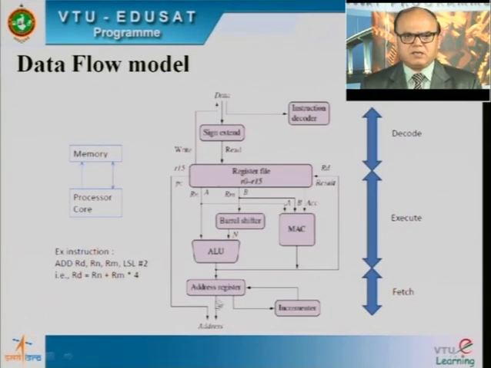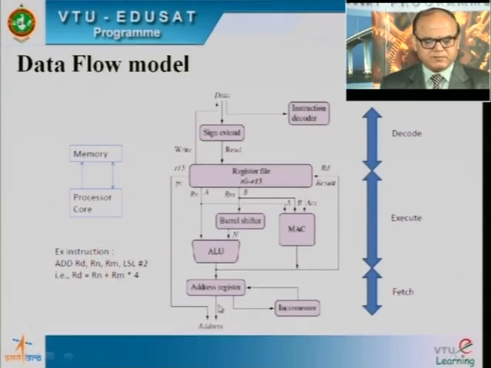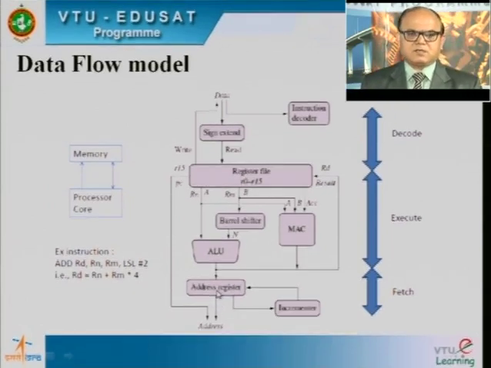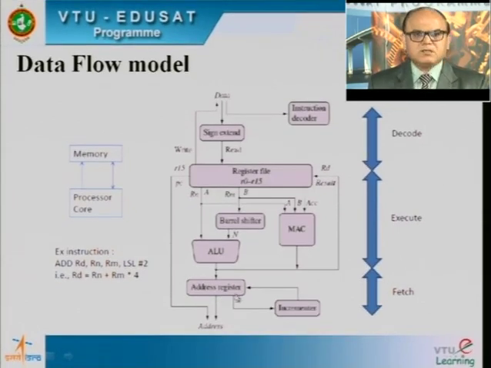And on this side I have the address register, because sometimes it is necessary to compute branch instruction addresses, and the address registers are used here. In the normal event, an incrementer is there, and the address is incremented.